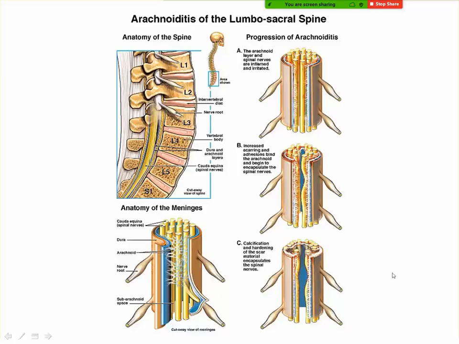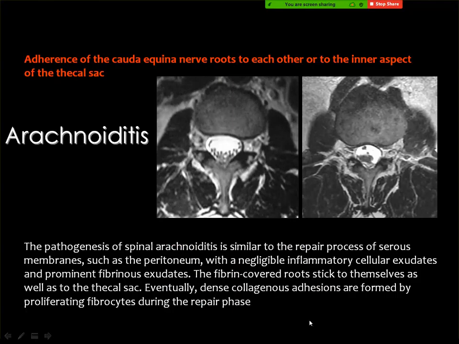Arachnoiditis means inflammation of the arachnoid membrane resulting in inflammatory exudate, which will result in adhesion between the nerve roots to form a cord-like structure inside the thecal sac, or the nerve roots may adhere to the inner wall of the thecal sac, resulting in the second sign, which is known as the empty thecal sac sign.